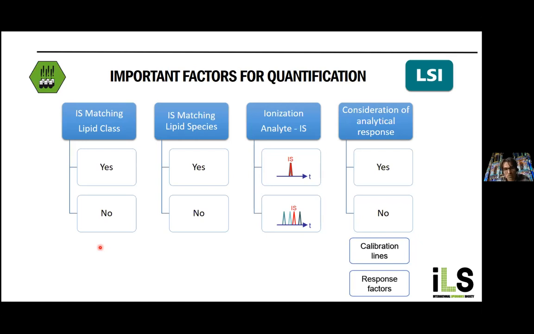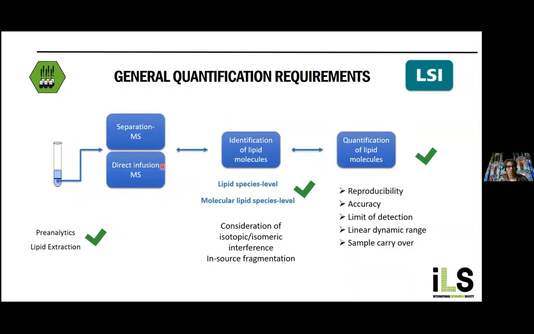And of even similar importance are pre-analytic considerations: how are the samples stored, homogenized. And I told you about lipid identification, you have to consider isotopic, isomeric, and isobaric interferences or in-source fragmentation, which could change your results.